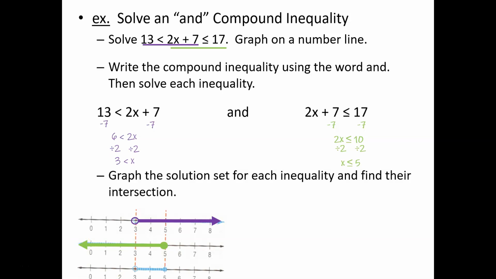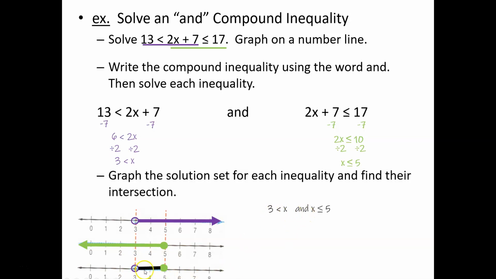Now, if you remember on the last slide, I said that this is an intersection. Oh, it says it right here. It's an intersection, so we're looking for the overlap of the two lines, which is right here. So this is actually all you have to graph, this little bottom part where they overlap. There's our statement.